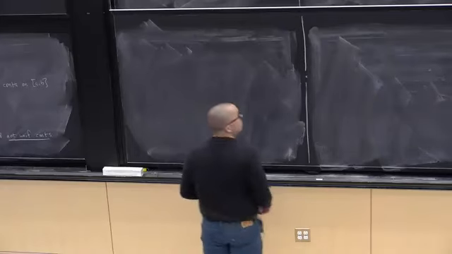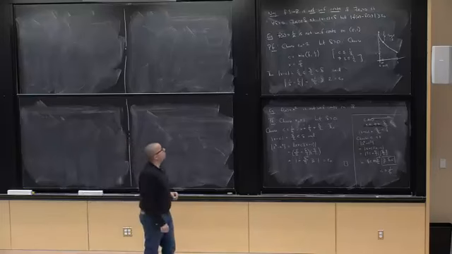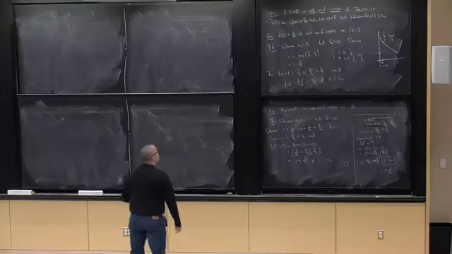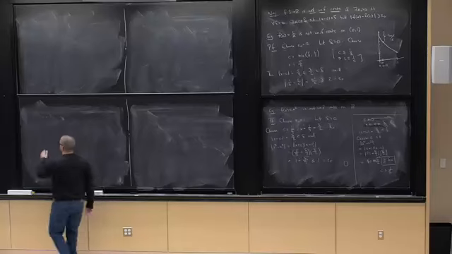Okay, so we use this negation of the definition of uniform continuity, which says that there exists an epsilon naught greater than zero. So let me write this out.